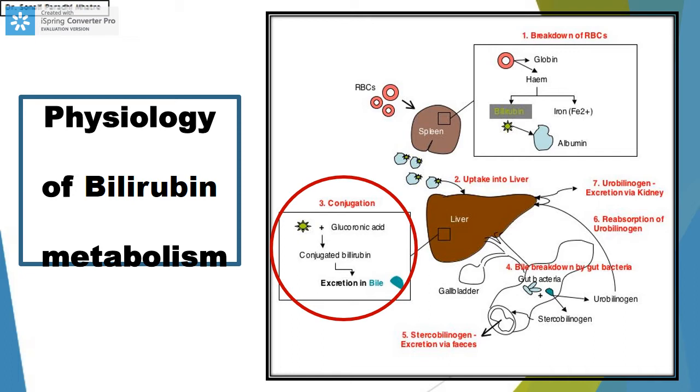However, if the conjugation has occurred successfully in the liver and we have the resultant conjugated bilirubin, but somehow there is a problem in the further transport of that bilirubin to the intestine, then this conjugated bilirubin will be released into blood, and thus we will have direct jaundice, or direct hyperbilirubinemia, or conjugated hyperbilirubinemia.